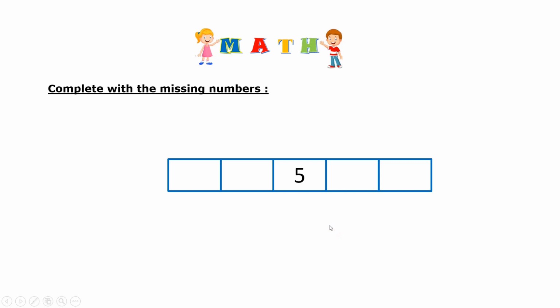Here's another example. The starting number here is 5. What do I have before 5? Here's 5 marbles. If I want to know what's the number that's just before 5, it's like I will remove 1 from 5.